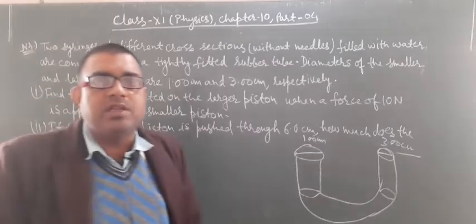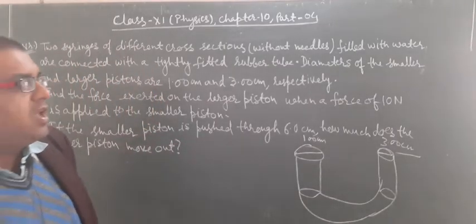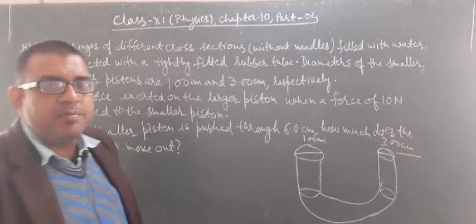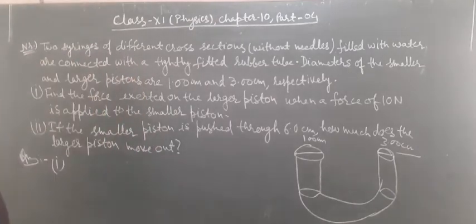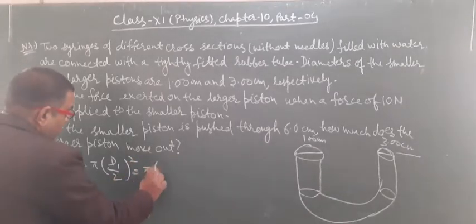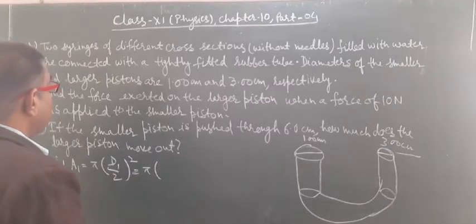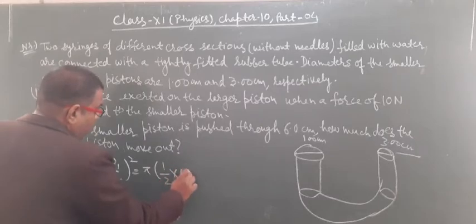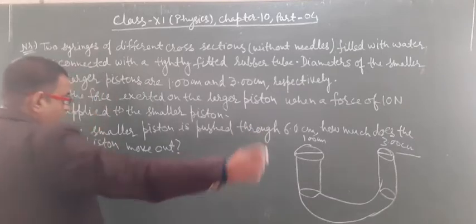This question is based on the transmission of pressure which we studied in Pascal's law, and you know that pressure is transmitted undiminished throughout the liquid according to Pascal's law. So the same formula we will apply. A1 is equal to pi (d1 upon 2) whole square, which is pi (1 upon 2 into 10 to the power minus 2) whole square.